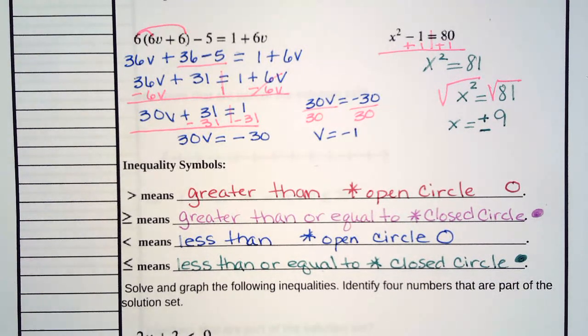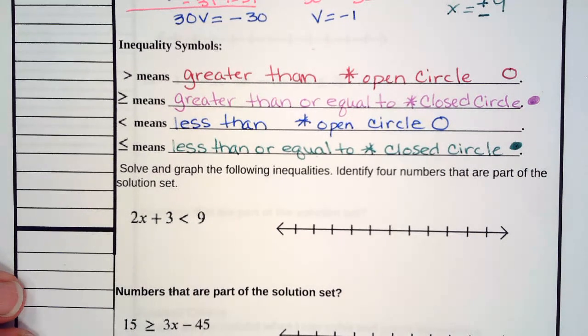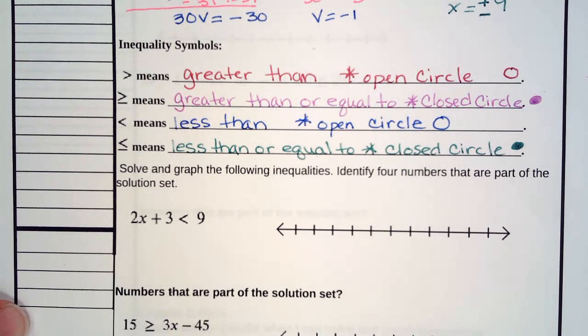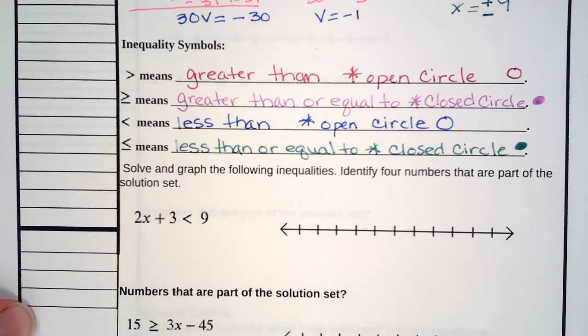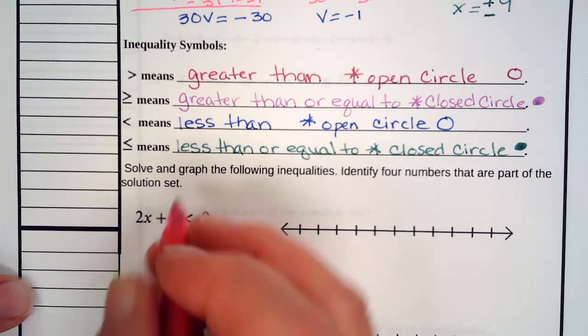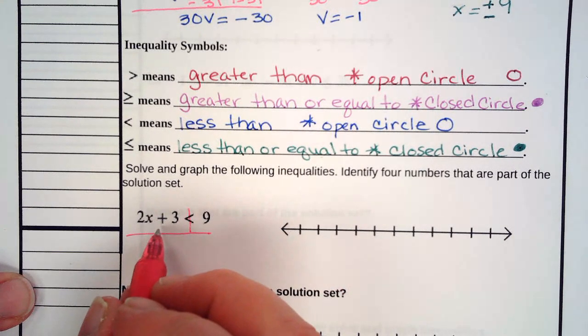Okay, when we get ready to solve inequalities, we solve them the same way we would an equality, but with just a few minor tweaks. So if we're looking at the first one, once again, we've got to get the x by itself. I've added 3.